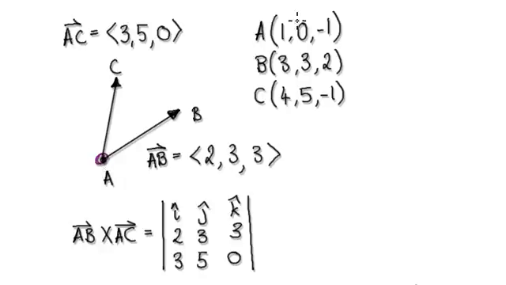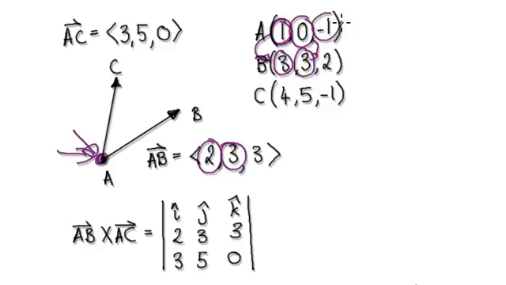So currently in the x direction, you are at 1. How would you get to 3? Well, you would need to move 2 across in the x direction. In the y direction, you need to move 3 forward in order to get to B. Currently in the z direction you are at negative 1.